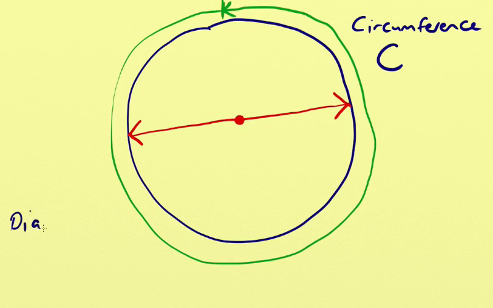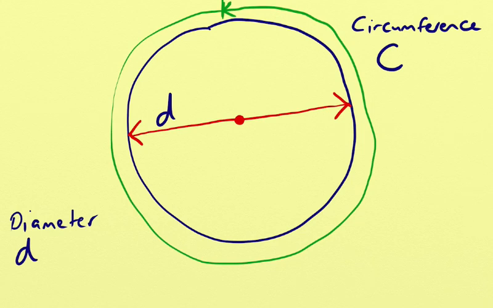So we've got the diameter here, and that may be seen to be labelled up shortly as the letter D. Okay, so this line here is the diameter. It's the length from one side of a circle to the other going straight through the centre.